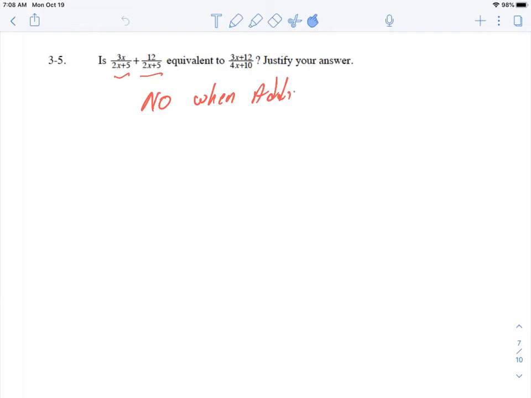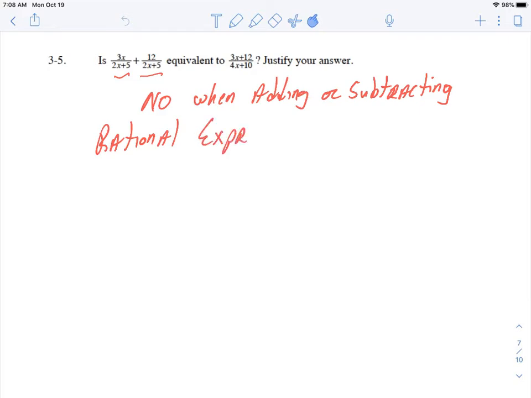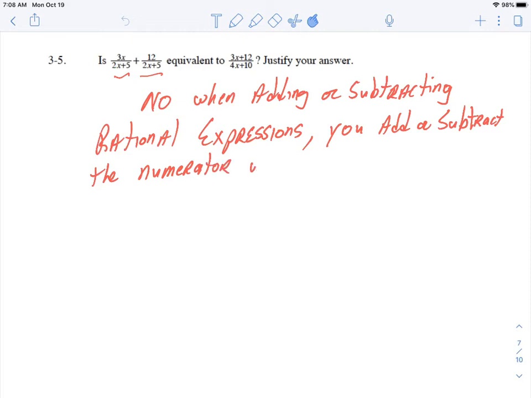When adding or subtracting rational expressions, you add or subtract numerators when you have a common denominator.